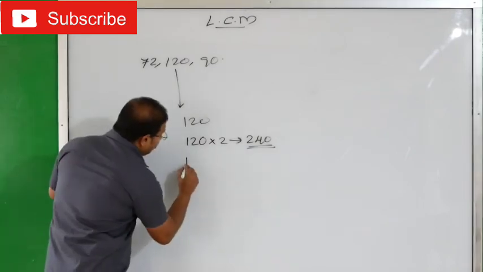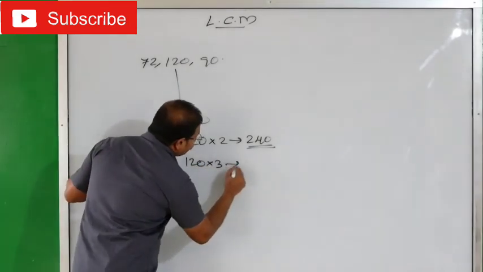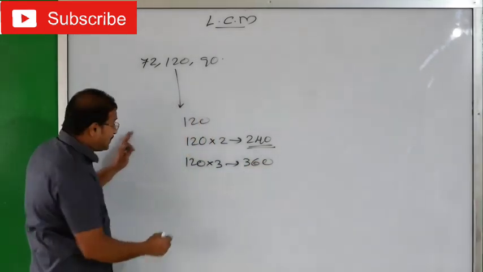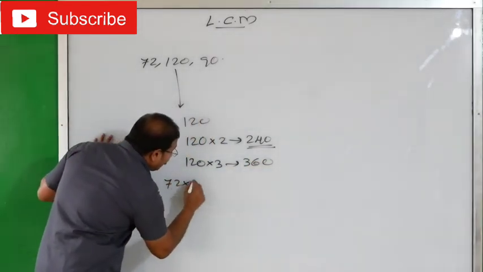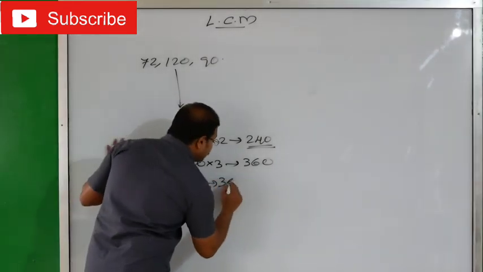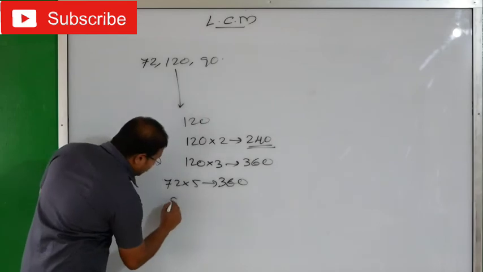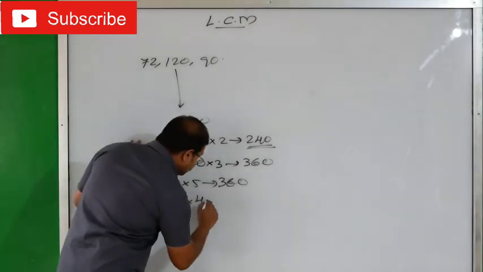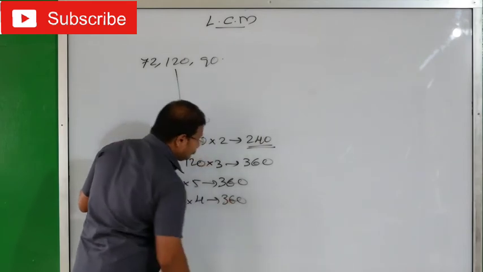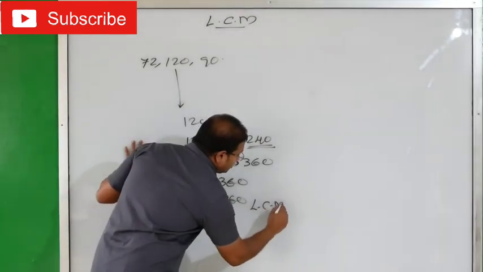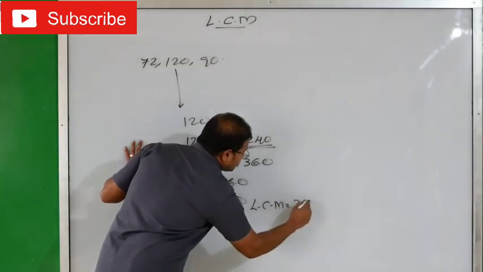So let's try 120 into 3. 360. Now let's check by 72. 72 into 5, yes, 360. Again 90. 90 into 4 is 360. That means the LCM is 360.